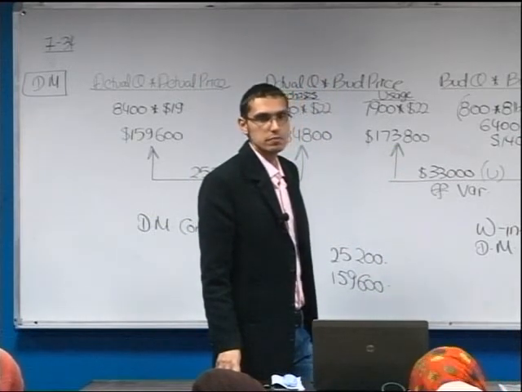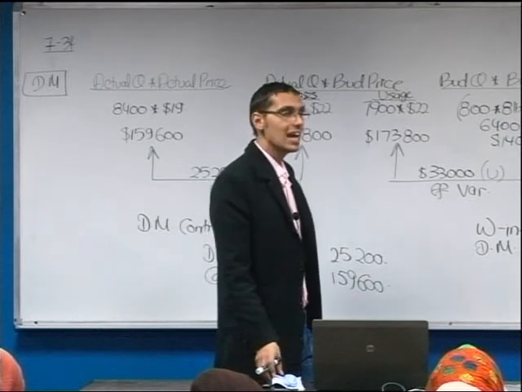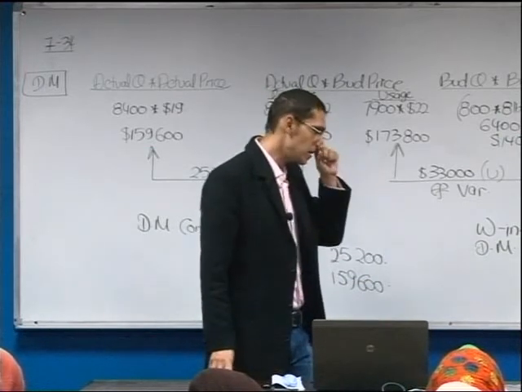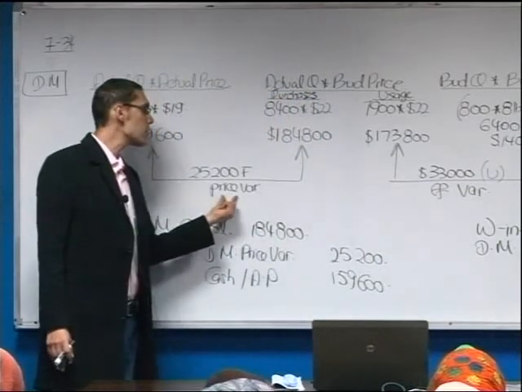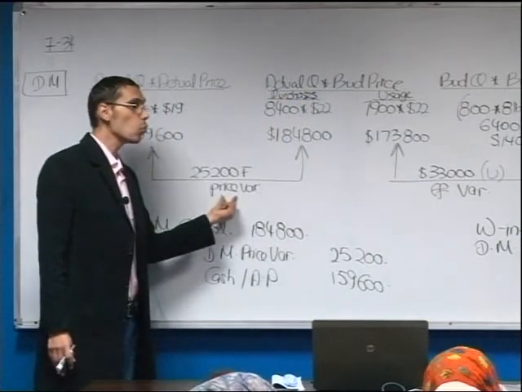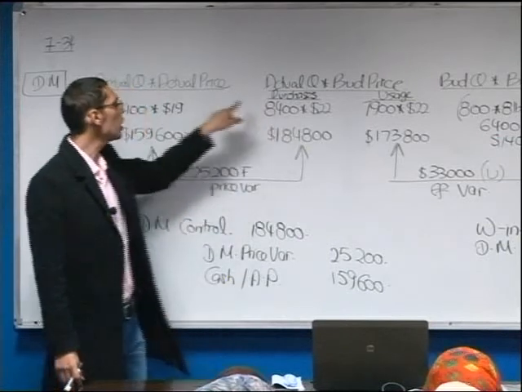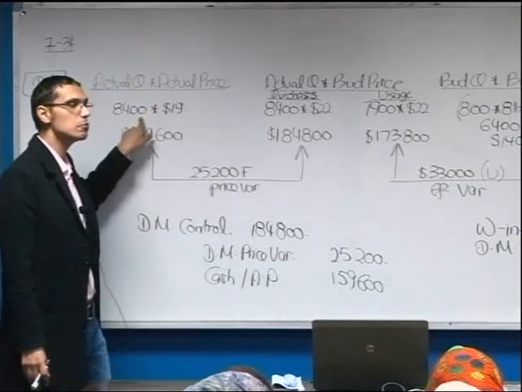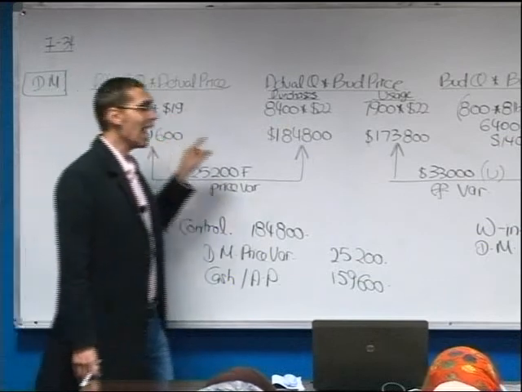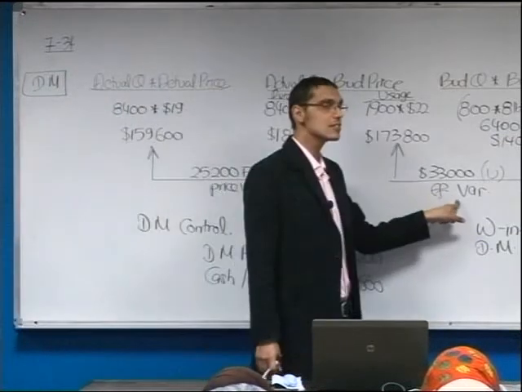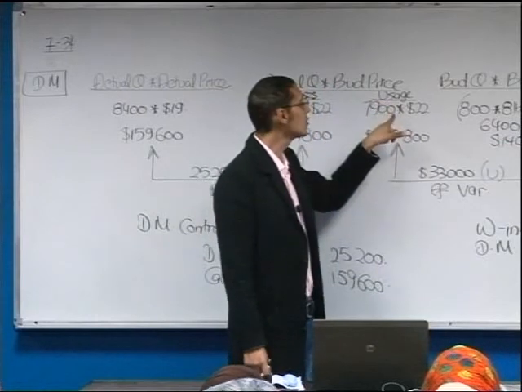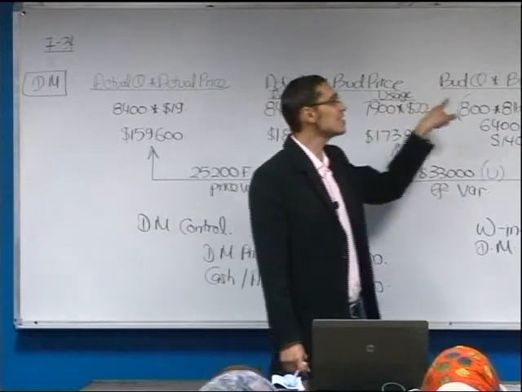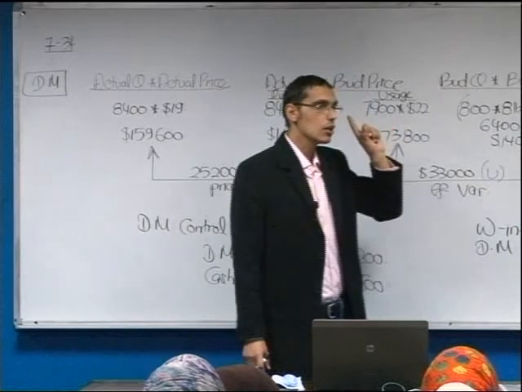Any questions? And we need to consider another thing: this favorable price variance was because of the whole quantity that has been purchased, and this efficiency variance was calculated only according to the quantity that was used.